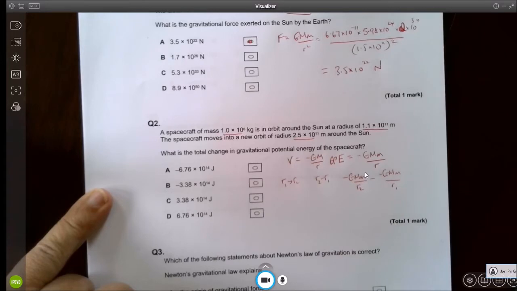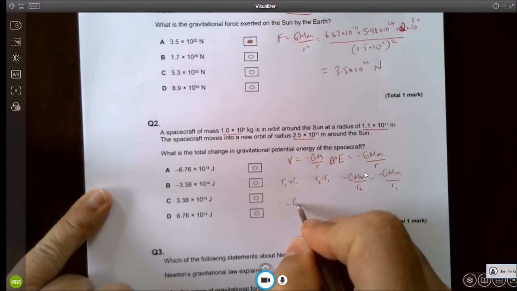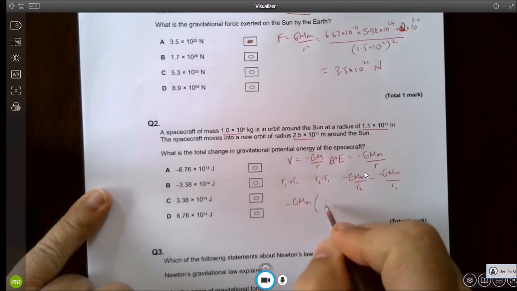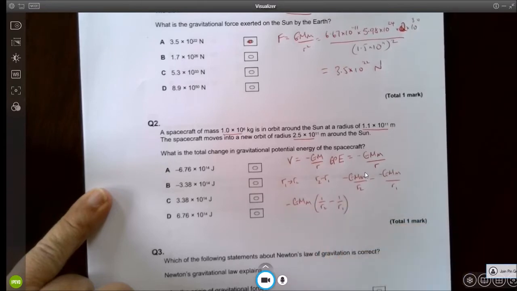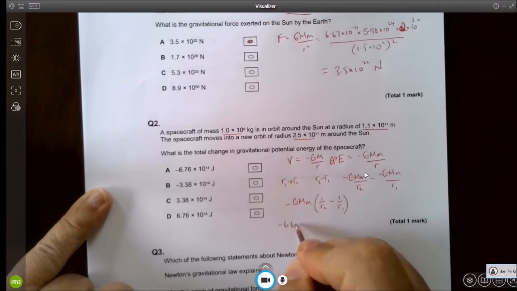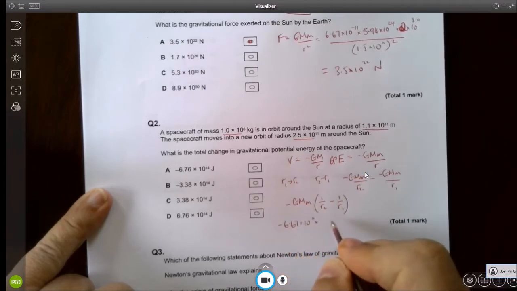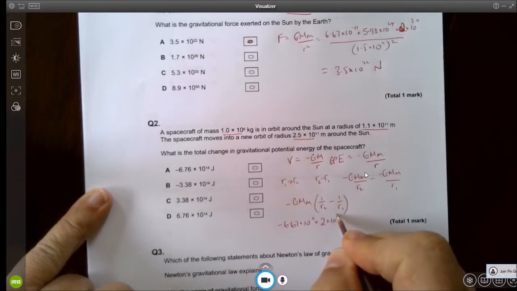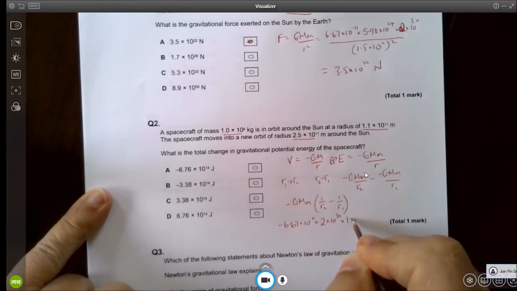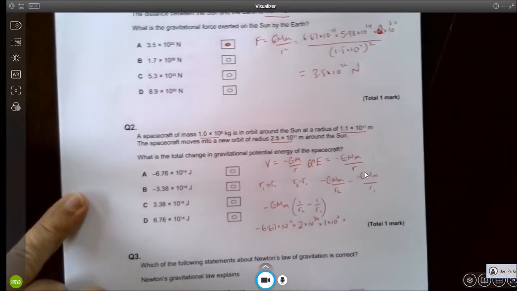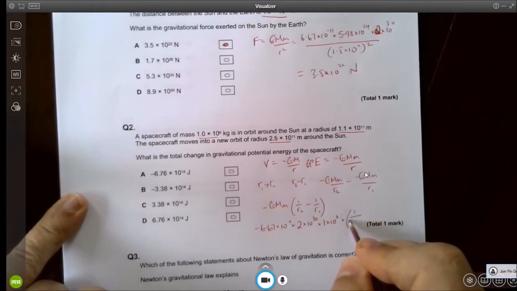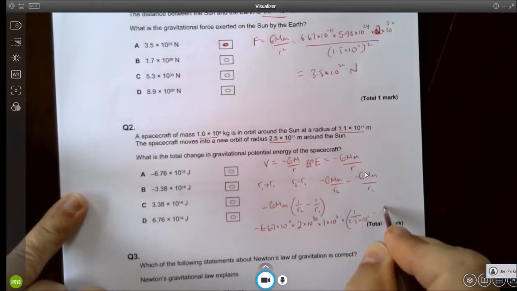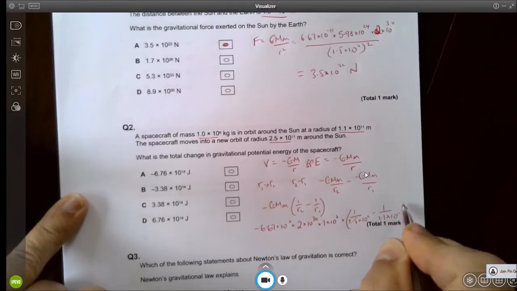If you want to make your life a little bit easier there, you can factorise that. Minus Gm m times 1 over R2 minus 1 over R1, and so if you stick that in your calculator you get minus 6.67 times 10 to the minus 11 times the mass of the Sun, still 2 times 10 to the 30, times the mass of the satellite, 1 times 10 to the 6, times the difference between 1 over 2.5 times 10 to the 11 minus 1 over 1.1 times 10 to the 11.